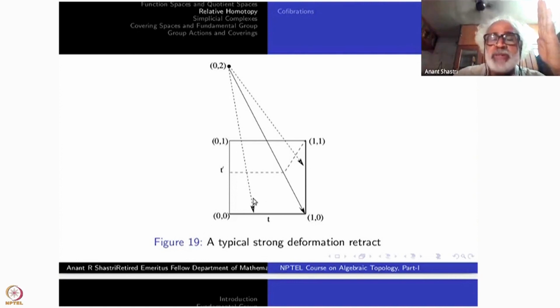Only this much is left out. Keep doing it, and at time t equal to 1, only this segment and this segment will remain. So that is the homotopy. During this homotopy, points of A don't move. They are there. Therefore, it's a strong deformation retract. So this is the geometric proof.